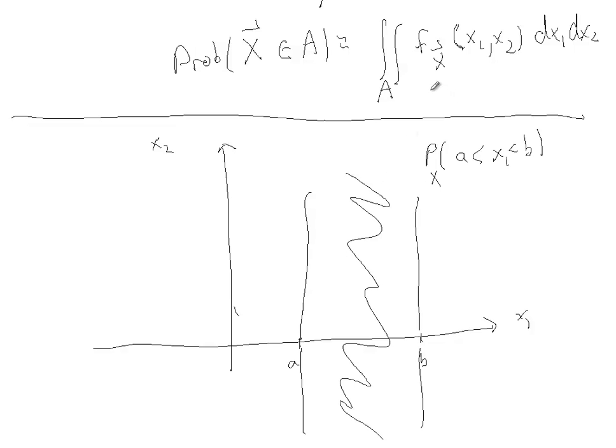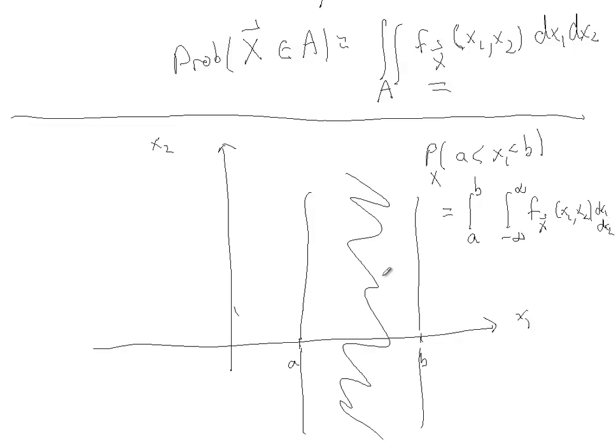Now, in terms of this function f, what's the value of that integral? Well, x1 goes from A to B, and x2 goes from -infinity to infinity. So that's equal to the integral from A to B outside, and then here is an integral from -infinity to infinity of my PDF for 2 random variables, with dx1 and dx2.